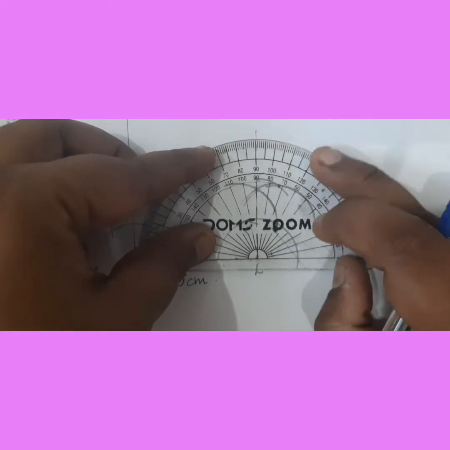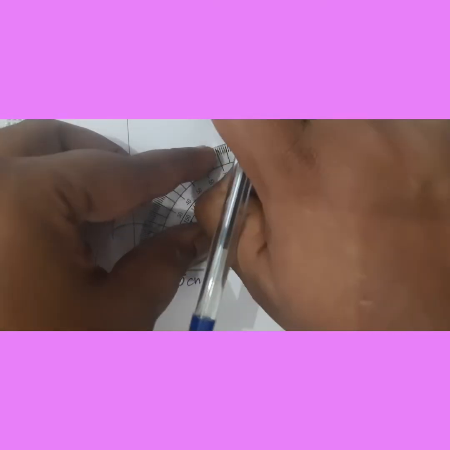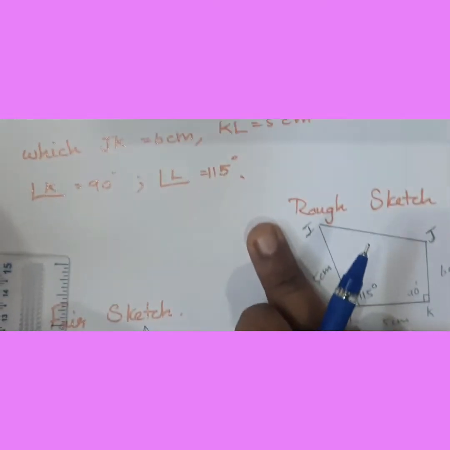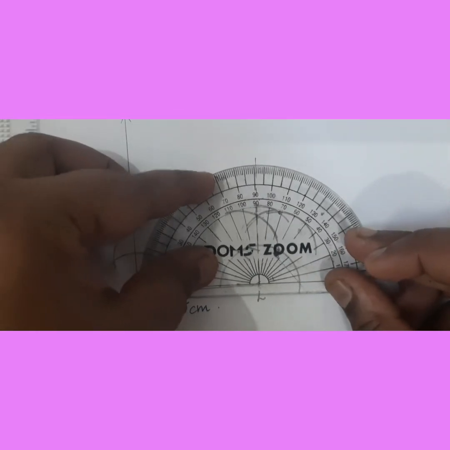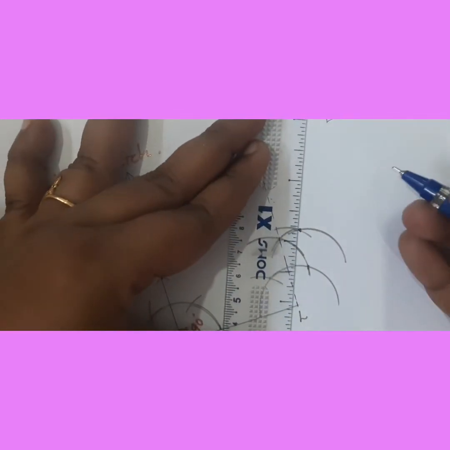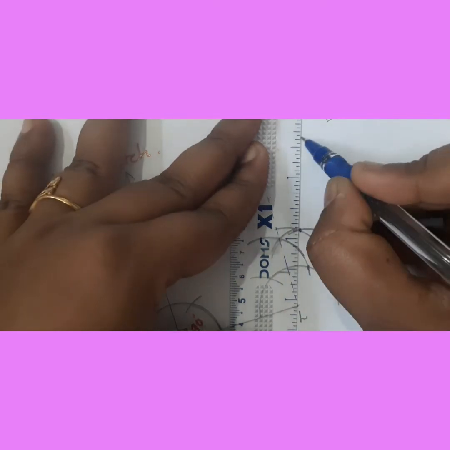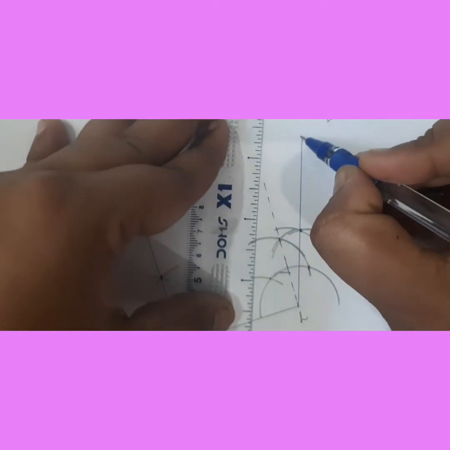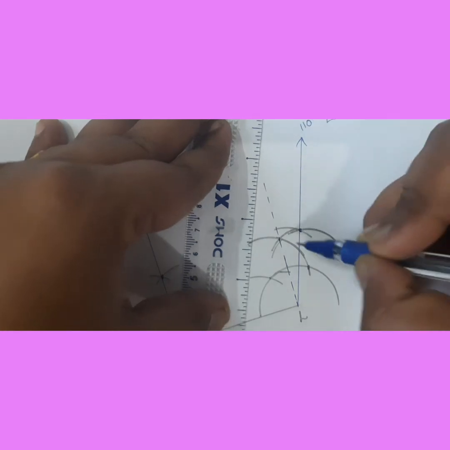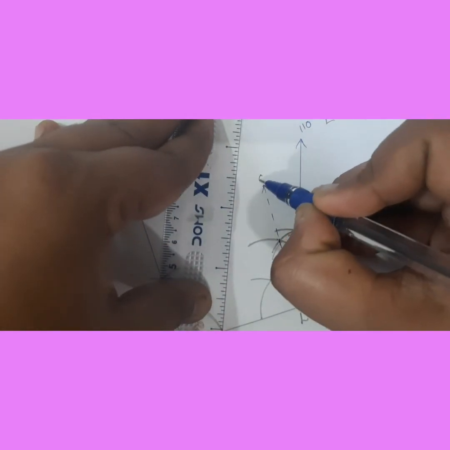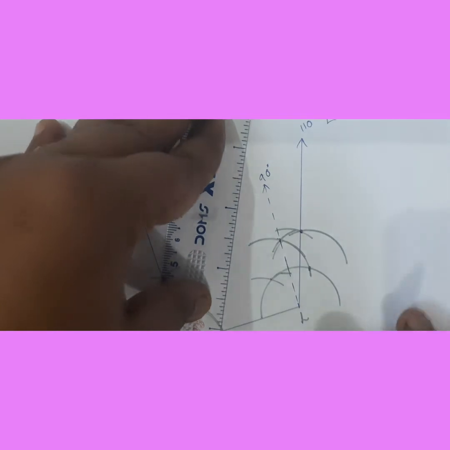We need 115 degree. So from this arc, first you draw, okay, this is 110 degree. So this is 90 degree, this is 110 degree.